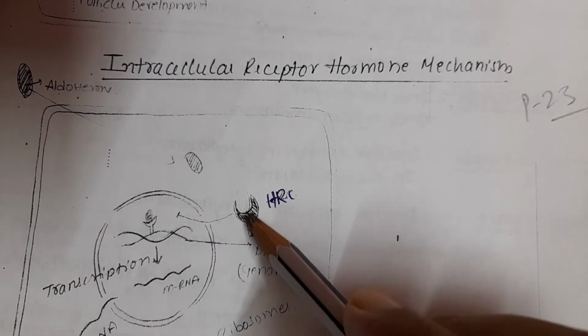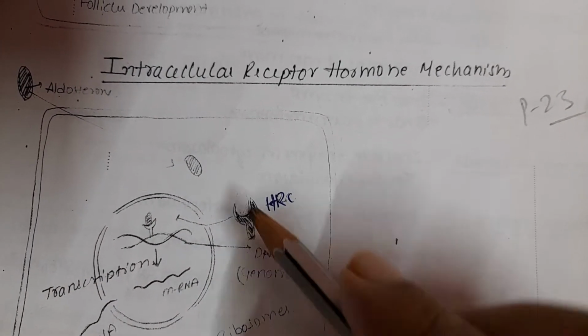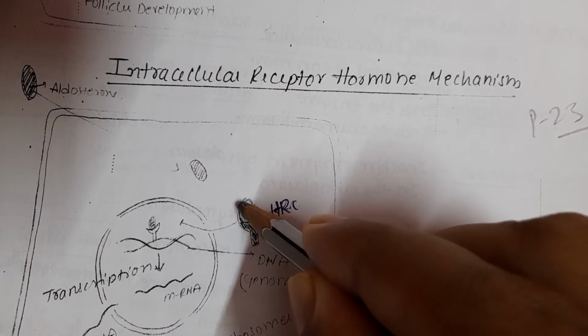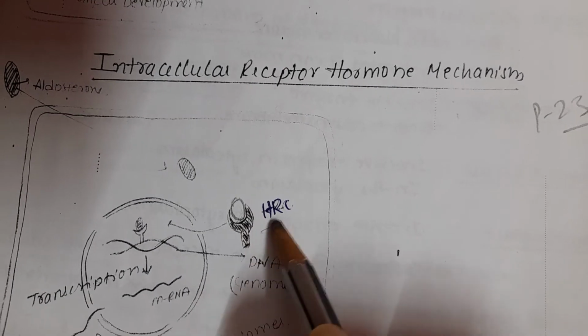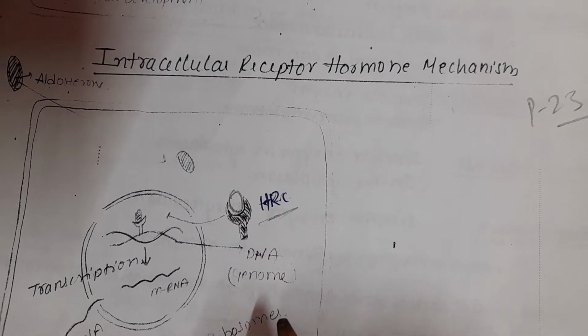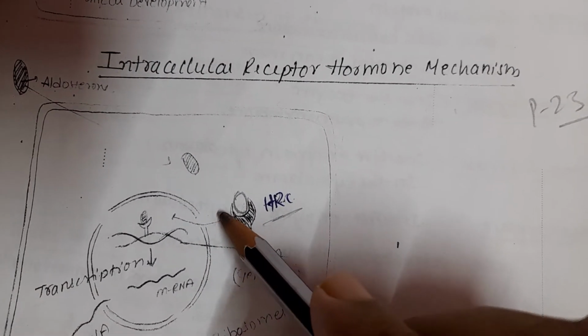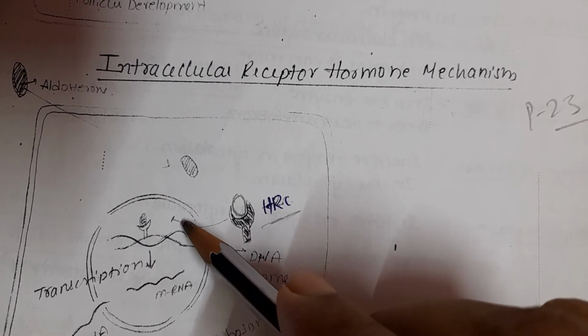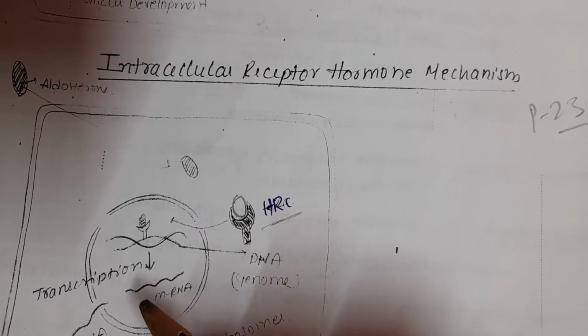Then it binds with the intracellular receptor here, and forms HRC, the hormone receptor complex. This hormone receptor complex passes through a pore in the nuclear membrane and enters the nucleus.